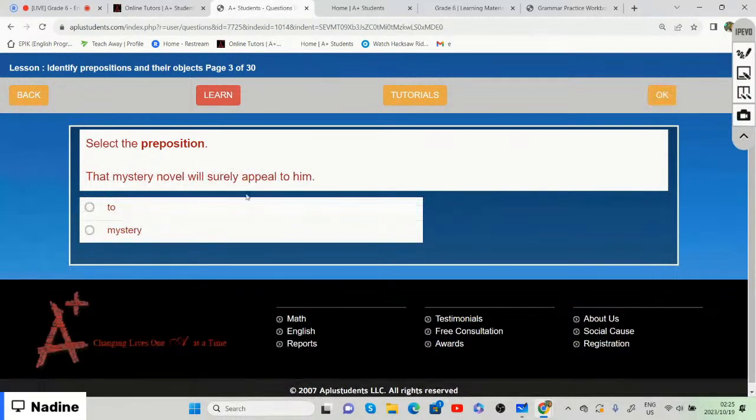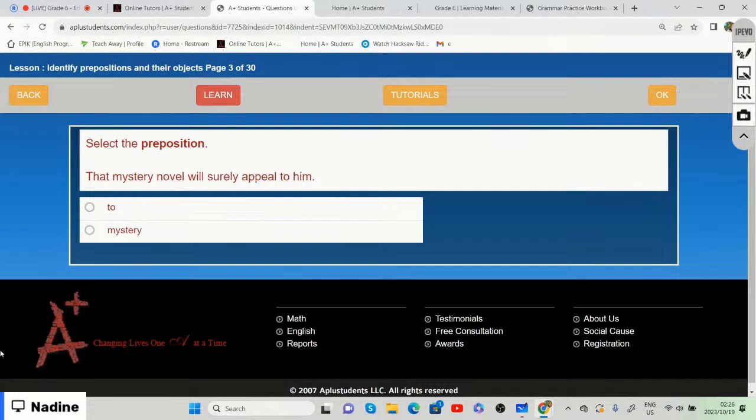And that mystery novel will surely appeal to him. We need to select the preposition. The mystery novel will surely appeal to him. Is it to or mystery?